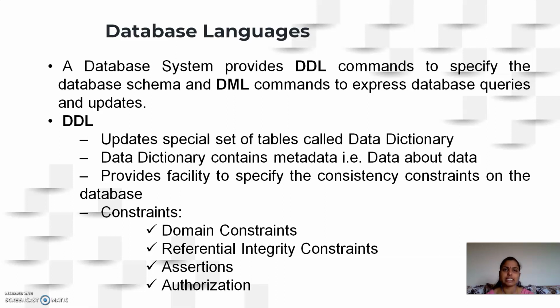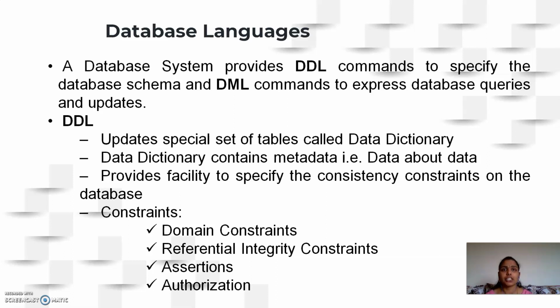Then coming to authorization. So here we already told in our previous slides that database is having a higher security. So now if you wanted to retrieve data, if you wanted to modify the data, first of all, you must be a privileged user of the database. So now whenever you are trying to access or modify the database, it will check for your authorization, whether you have read and write permissions or not.